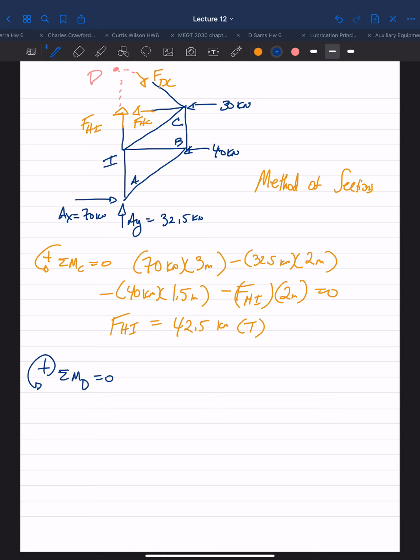If I take the sum of the moments about point D, I can eliminate FDC and FHI. And I can eliminate AY. So my AX creates positive counterclockwise rotation about point D. So that'll be 70 kilonewtons times my perpendicular distance to point D, which is 1.5 plus 1.5 plus 1.5, which is 4.5.